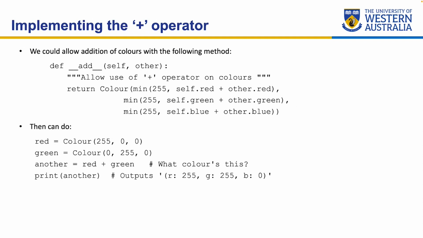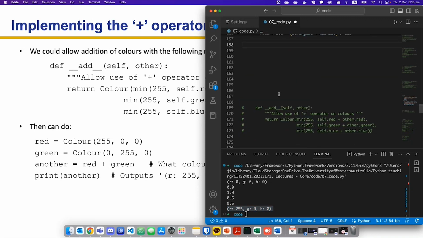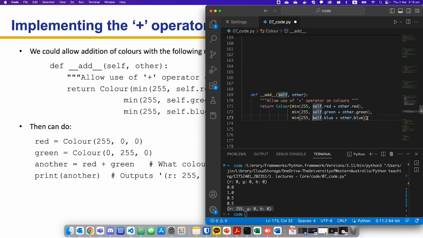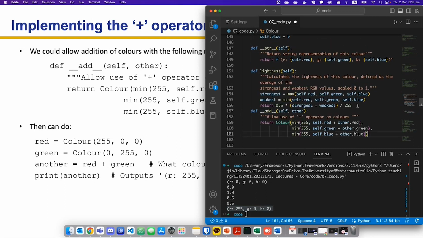Now we're going to implement the plus operator, which looks like this. Let's do that. I'm just going to get rid of this. Here's the add method. Copy and paste.